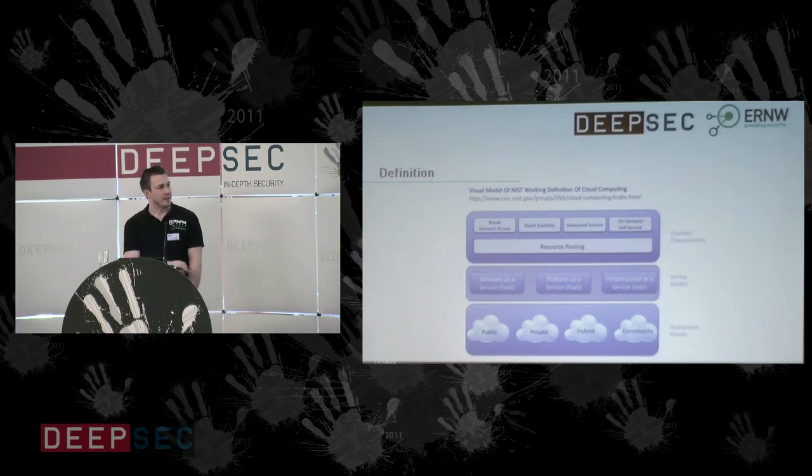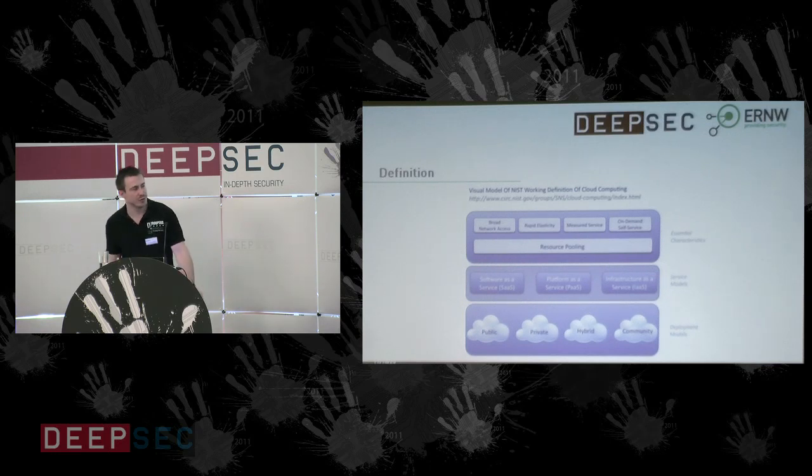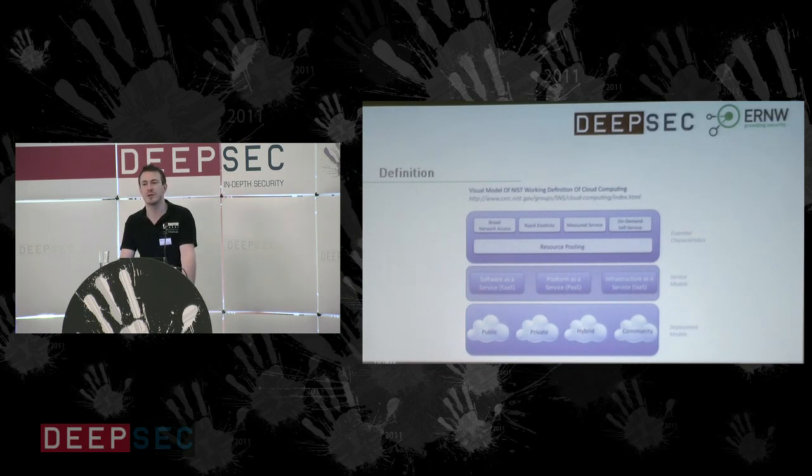I said I don't like this visualization that much because it's supposing that there are real layers in a technical meaning, which they aren't. So these layers are just a visualization of different characteristics of cloud computing. So the middle layer shows the service models which are offered by cloud service providers, which are infrastructure as a service, platform as a service, and software as a service. I think most of you have heard about this. So infrastructure as a service is providing virtual servers, virtual operating systems that you can use.